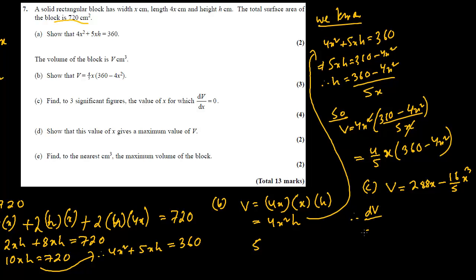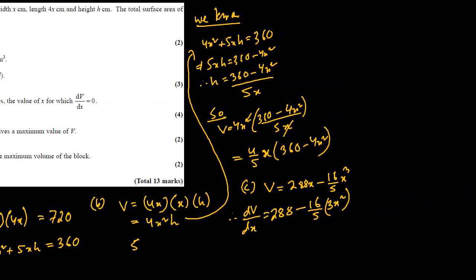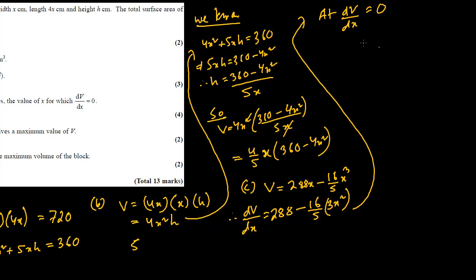Therefore, let's do the derivative. dv by dx is going to be 288 minus, this is going to be 16 by 5 is the constant, and derivative of x cubed is 3x squared. So now what happens at the turning point? Gradient is 0. So we can write at dv by dx equals 0, 288 minus 16 threes are 48, 48 by 5 x squared equals 0.